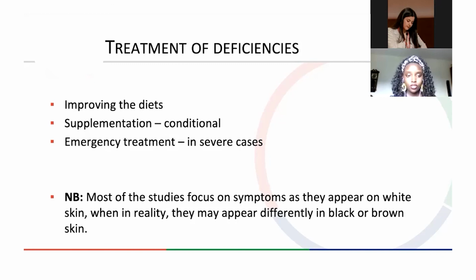And we also need to look at supplementation, although this has to be regulated and it has to be suggested by a GP, a doctor, or a nutritionist. The reason is, just a quick example, vitamin A is not advised to be supplemented in pregnant women, especially in the first trimester, because it has adverse effects on the growth of the fetus.